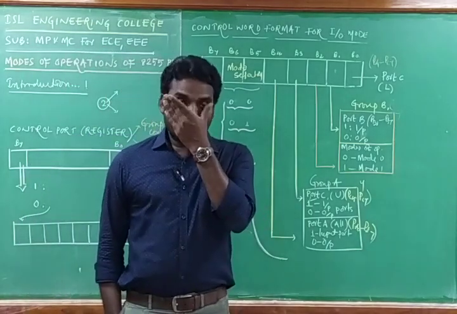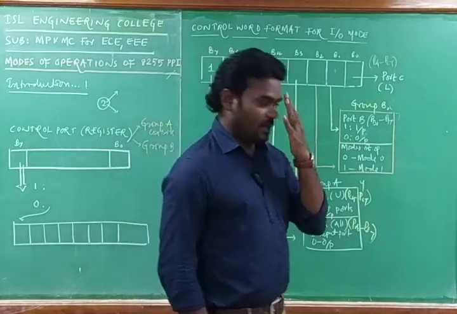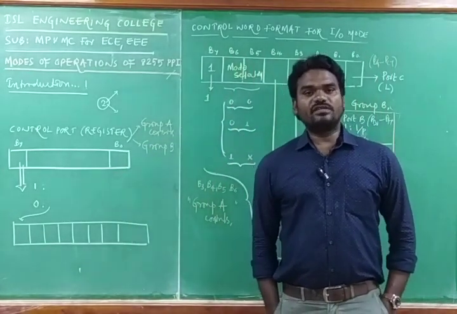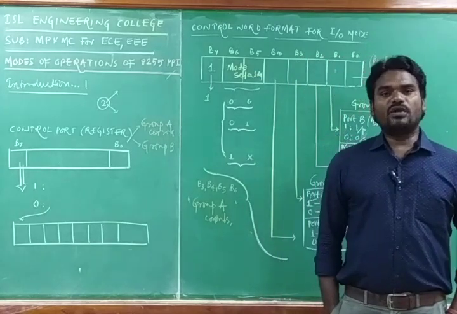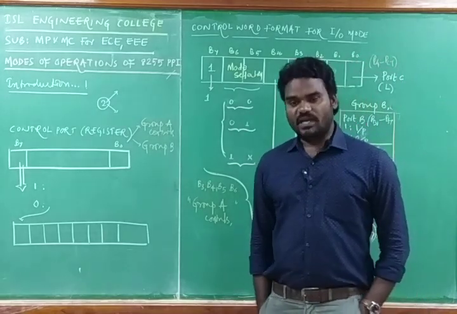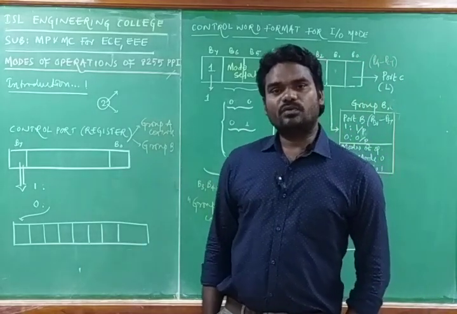And we know that 8255 is a PPI. PPI stands for Programmable Peripheral Interface, and it is going to interface the 8086 microprocessor with the peripherals. Peripherals are nothing but input-output devices.